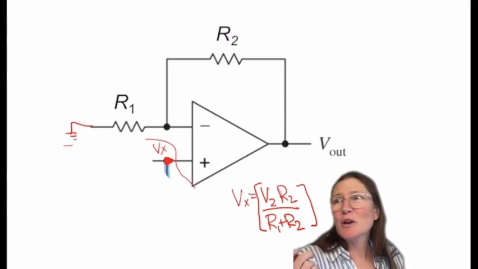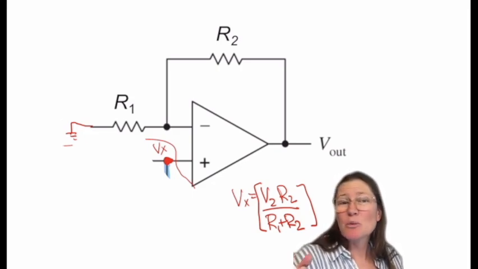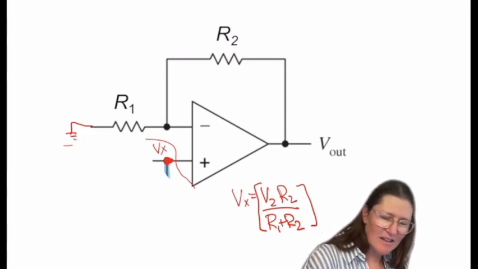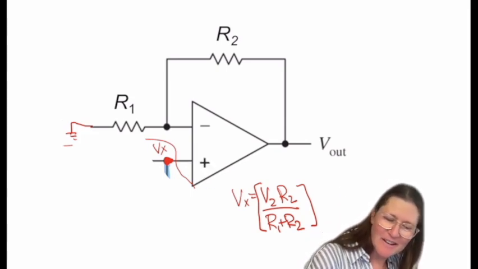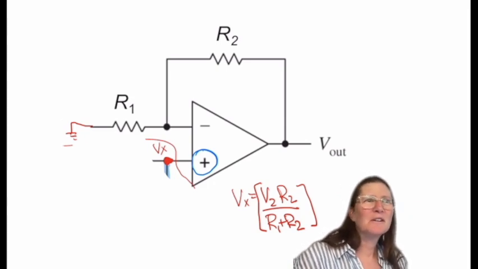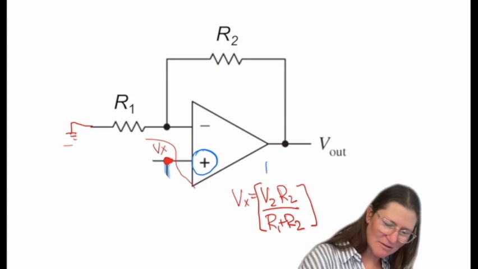It had 2, but I removed 1. So now it only has 1, correct? So with 1 input, what kind of an amplifier configuration is this? Hint, it's going into the positive input. So it's non-inverting, correct?